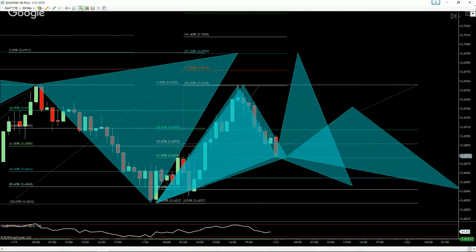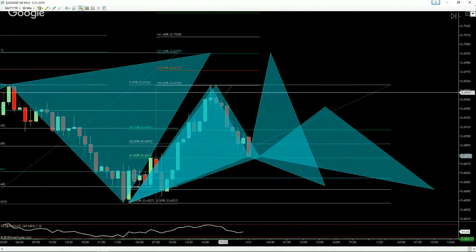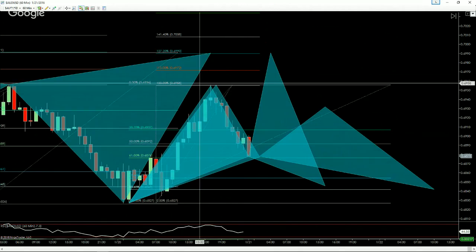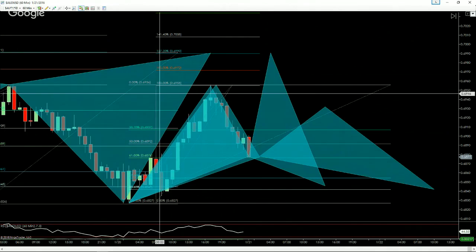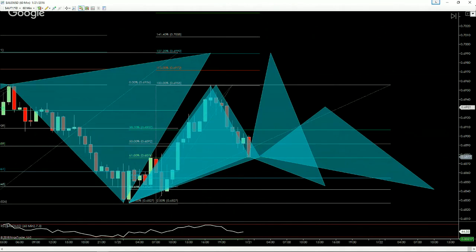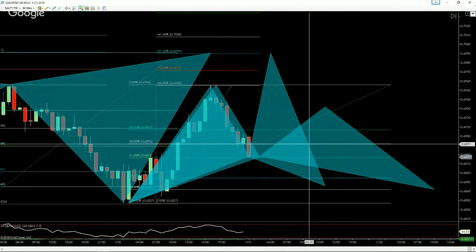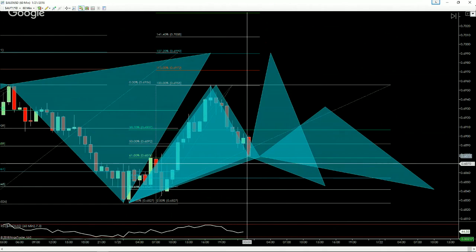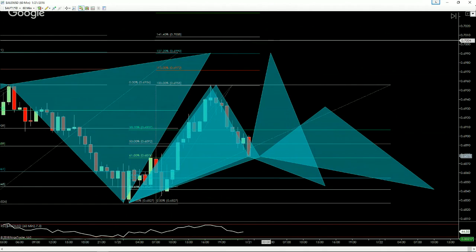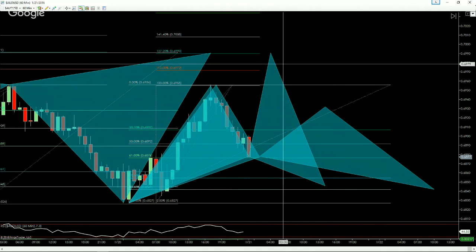Those are two different scenarios. If price hasn't completed the first Gartley we identified, it could go this bat pattern route, or if it completes it first, then we can potentially have a cipher pattern.